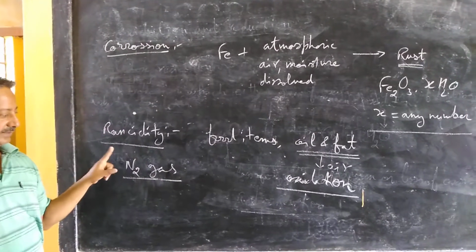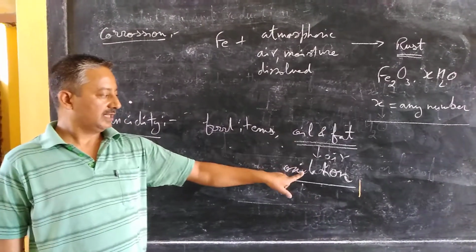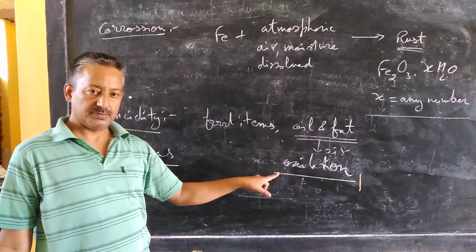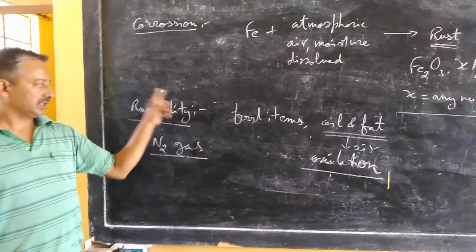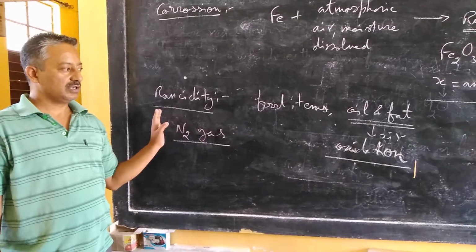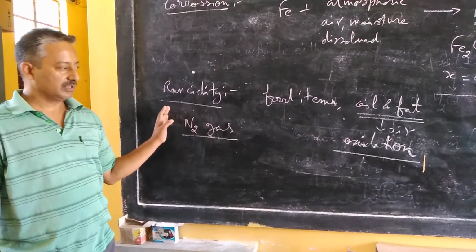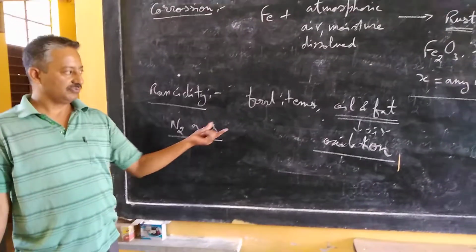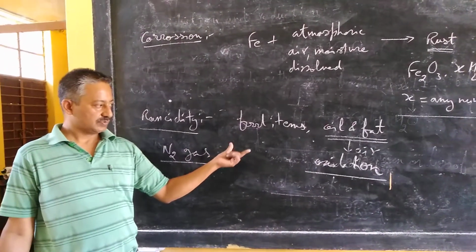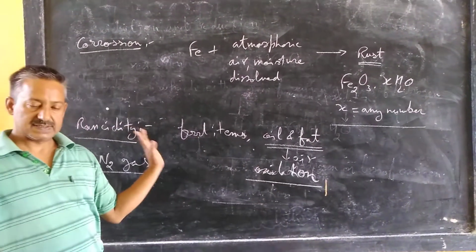Rancidity: the food items which contain oil and fat react with air, that is, undergo oxidation, and this spoils their natural taste and flavor, and this process is called rancidity. Such food is called rancid food, and to avoid rancidity, we use nitrogen gas which we fill in food packets so that there is no oxidation and the food items are safe.